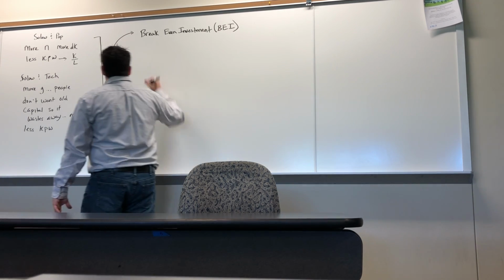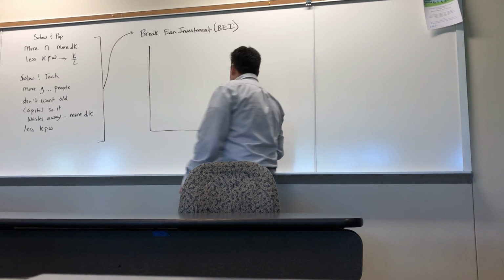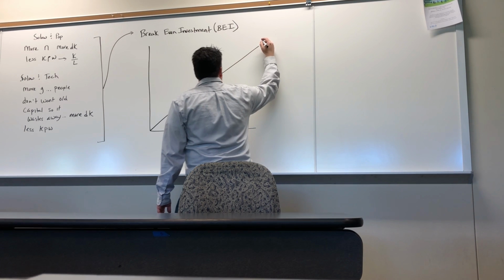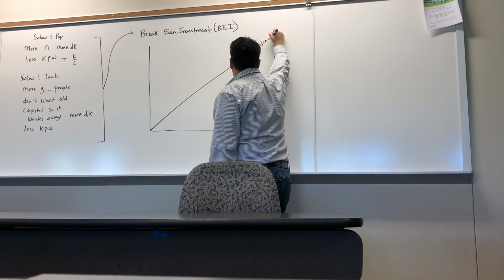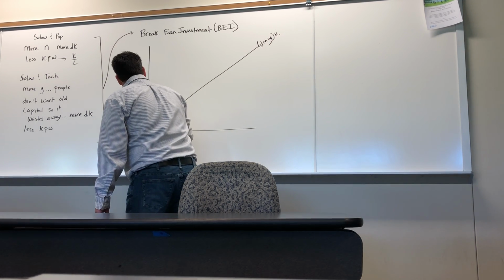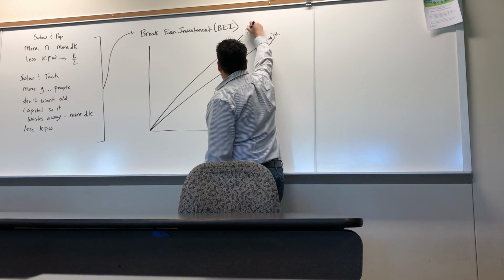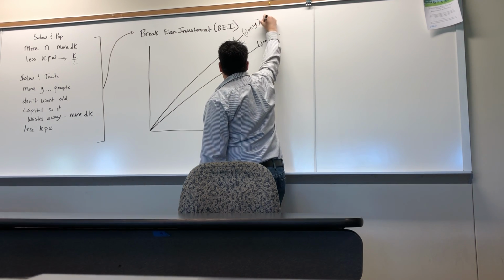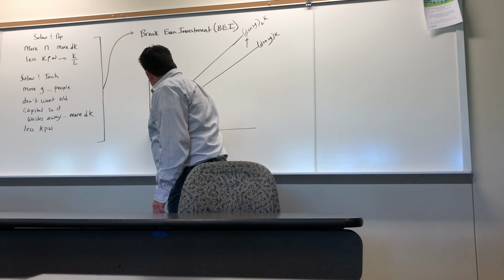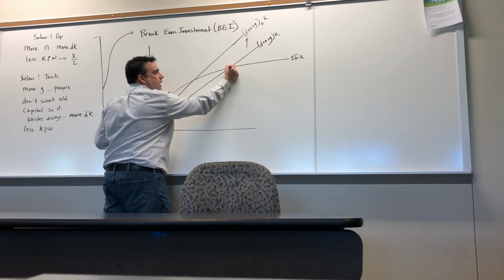Effectively, in either one of these scenarios last class, our graph looked like this, where I had some d plus n plus g times k function. And after increasing either technology or population, I had a new one. If I put my original savings function in here, I have my original KSS value.